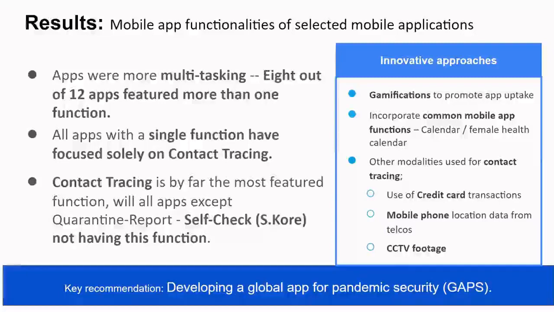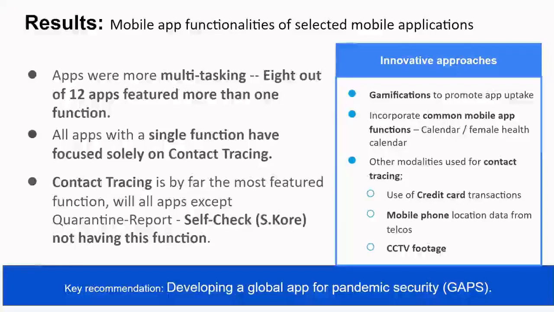And there were some apps which are using different modalities for contact tracing, like credit card transactions, mobile phone location sharing, which was acquired from telecommunication services, and CCTV footage.